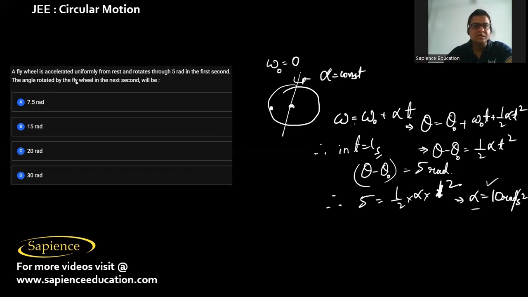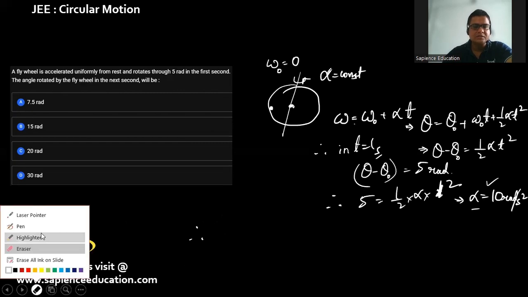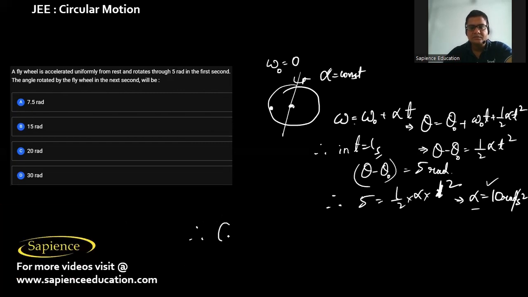Then it is told to find the angle rotated by the flywheel in the next second. So the angle rotated in the next second, let's call this theta 2, will be equal to theta till t equal to 2 seconds minus theta till t equal to 1 second.